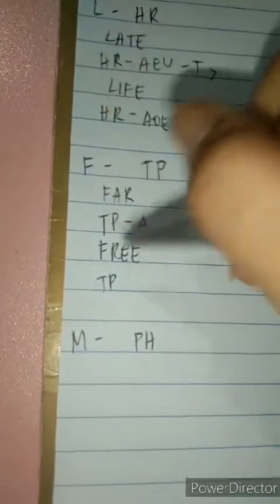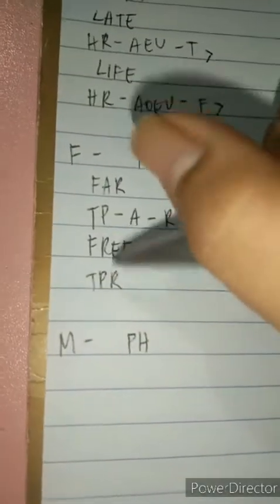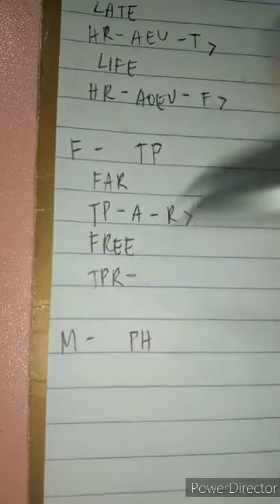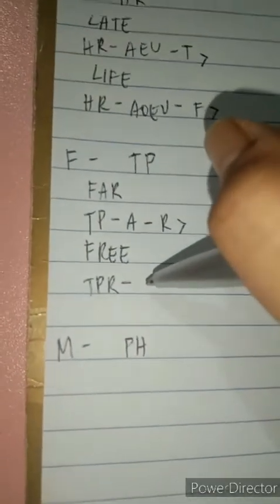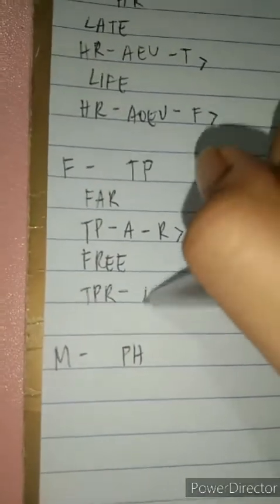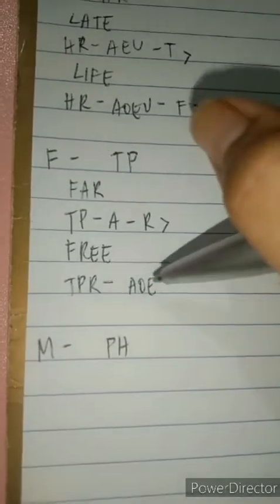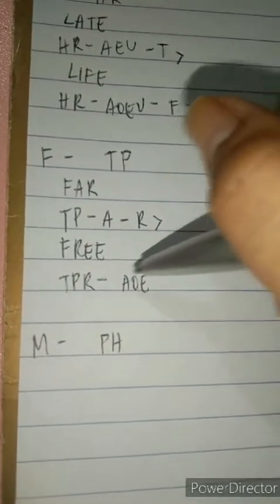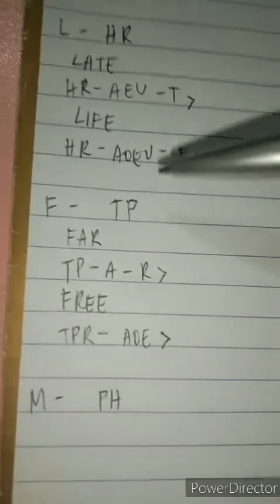So, TP, and then R. Since there is an R on the steno machine, we write the R, and then, long E, AOE. This is the code of long E, AOE, and then, release. Again, F is represented by TP.